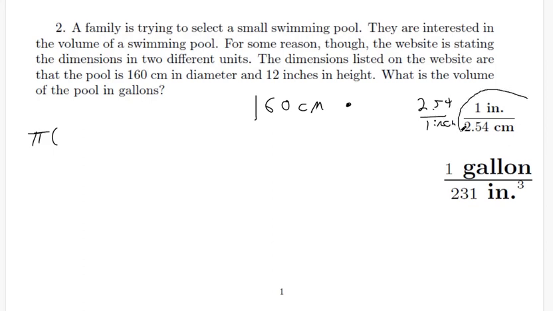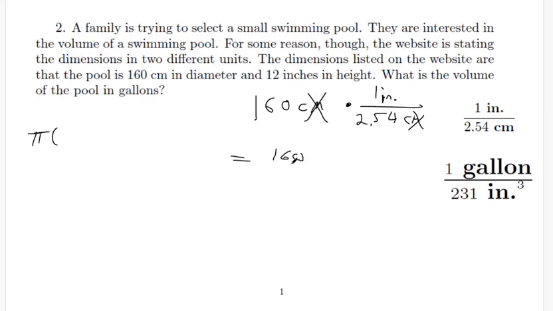We want this one, so that our centimeters can cross cancel. One's in the top, one's in the bottom of a fraction. So I'm going to multiply this by 1 inch over 2.54 centimeters. That way these cross cancel. And then we've got 160 over 2.54 inches.